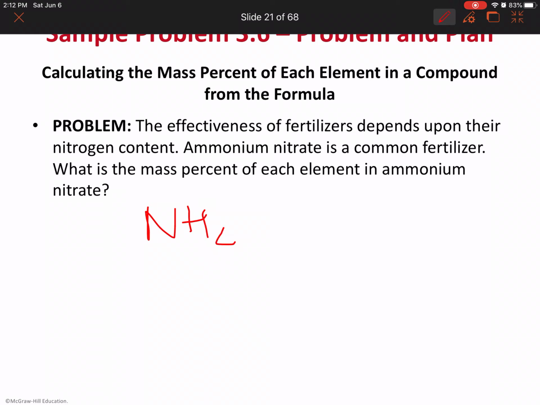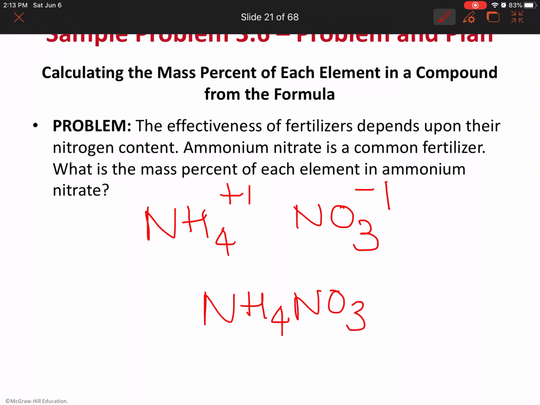The ammonium ion is +1 charge, and nitrate, from your polyatomic ion table, you will see is -1. So when we put it together, it's going to be a 1:1 ratio. That would be ammonium nitrate, NH4NO3.